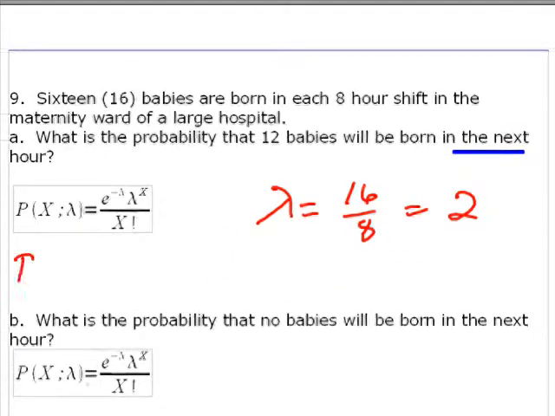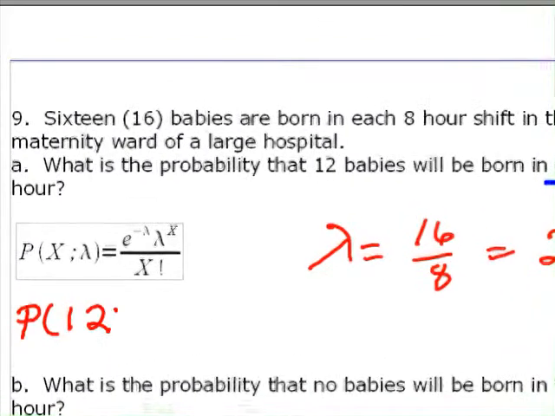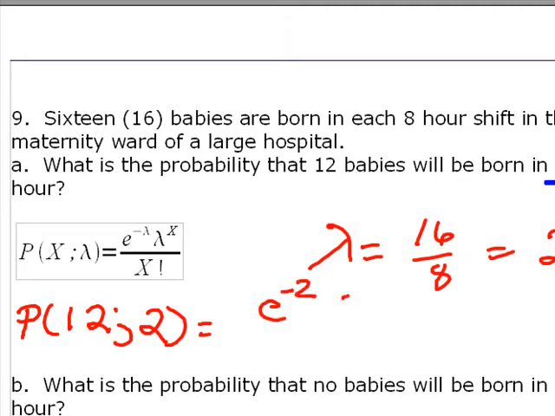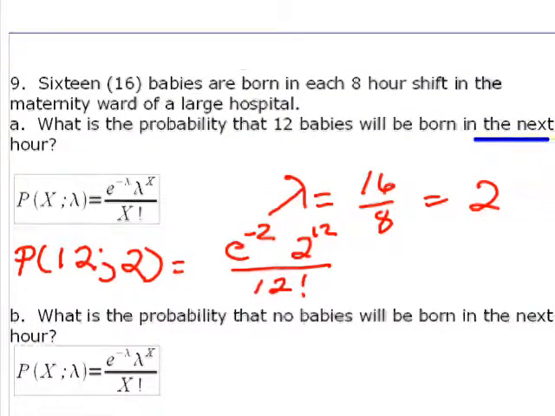So this is the probability that 12 babies will be born, given that the average is 2 in a Poisson distribution. It's e to the minus 2 times 2 to the 12th, divided by 12 factorial. And that's easy enough to work on a calculator. The next question is, what's the probability that no babies will be born in the next hour?